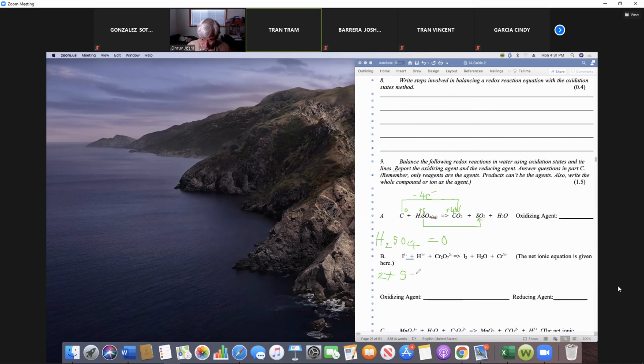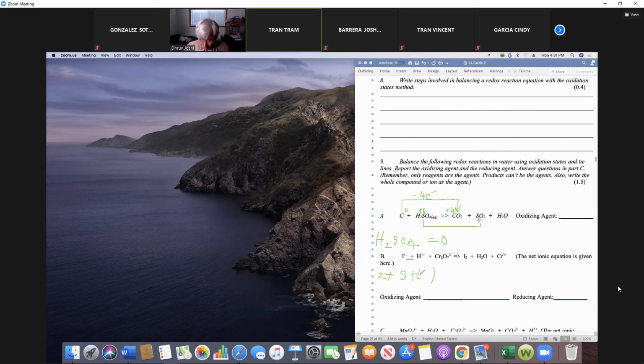Now, what is the total oxidation number for 4 oxygen? One oxygen is how many?